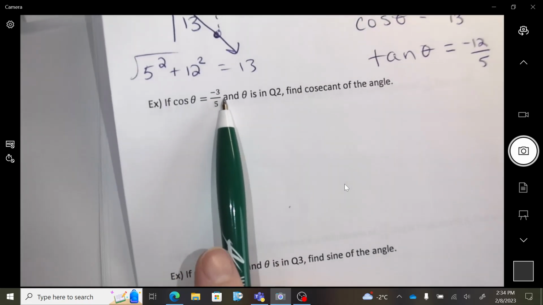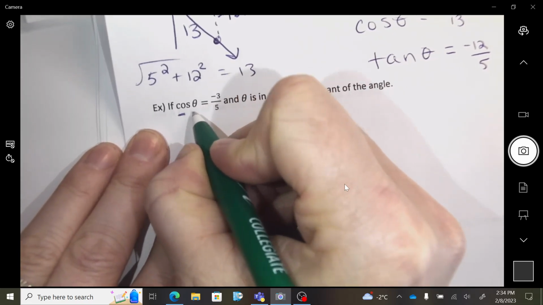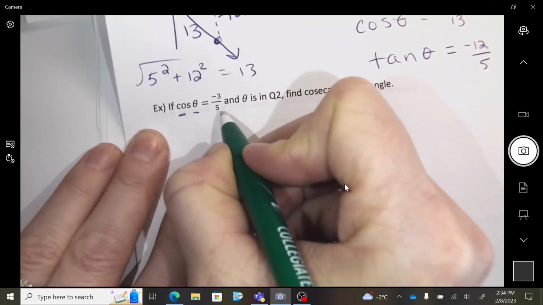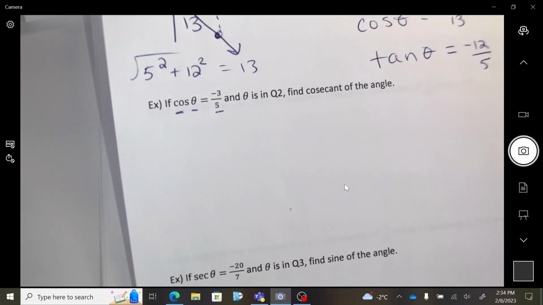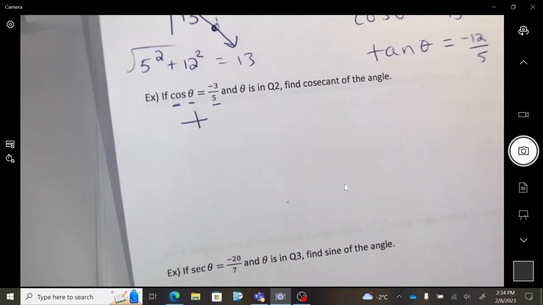Do you notice how I always write three things? I write the function, the angle variable, and this is the trig value. So make sure you always have three components. The cos of the angle is this. So draw me a little ASTC thought process here.